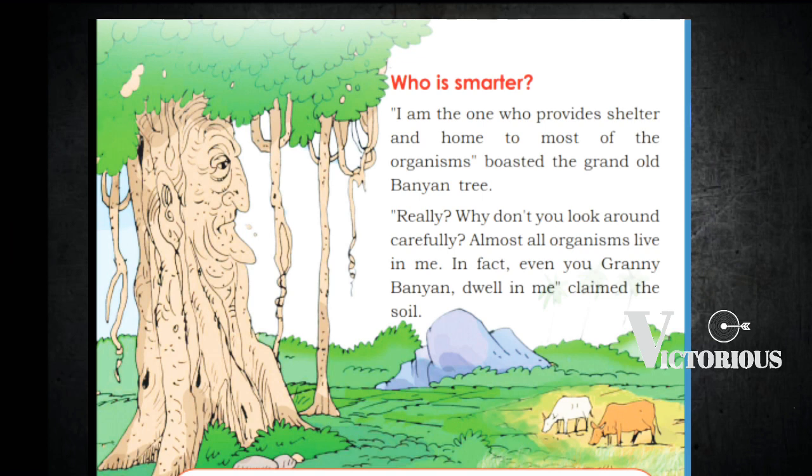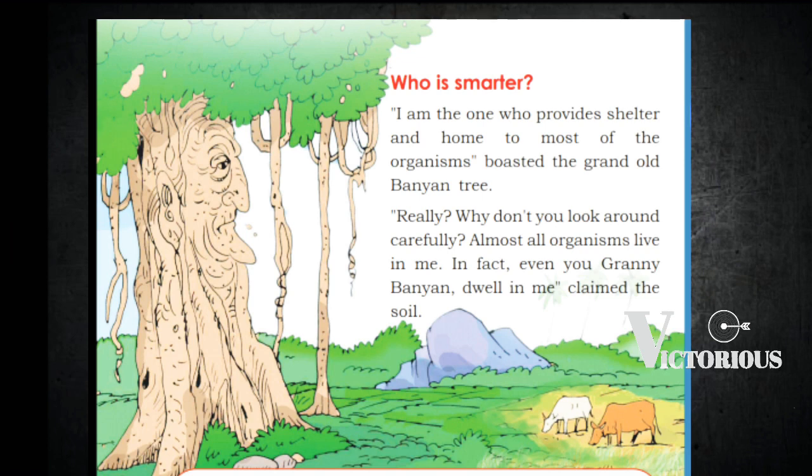One day the banyan tree said, I am the one who provides shelter and home to most of the organisms, boasted the grand old banyan tree. Really? Why don't you look around carefully? Almost all organisms live in me. In fact, even you, Granny Banyan Tree, dwell in me, said the soil.